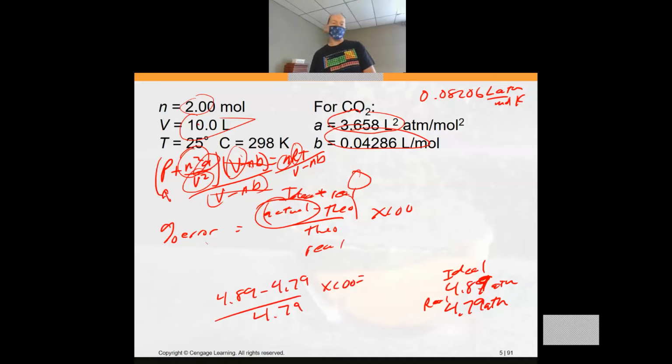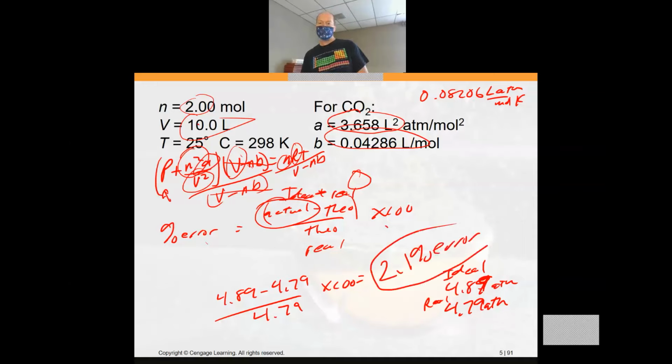And so that will give us our error for using the ideal gas equation instead of a real gas equation. When we do that, we get 0.10 divided by 4.79 times 100, and we get a 2.1% error. And that is an acceptable error.